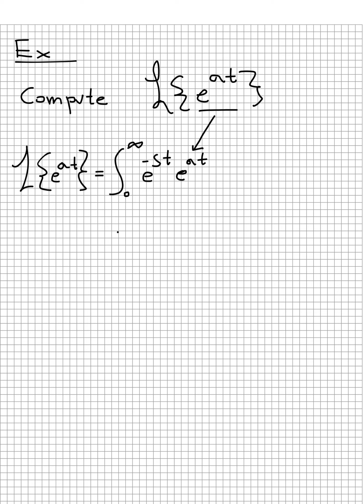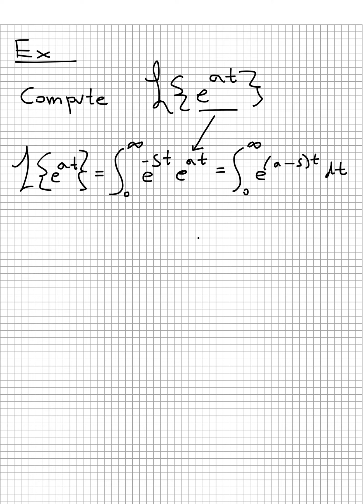This can be simplified a bit. This is going to be equal to the integral from 0 to infinity of e to the (a minus s) times t dt.